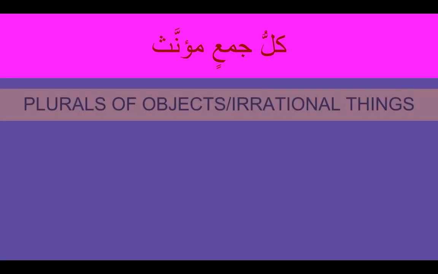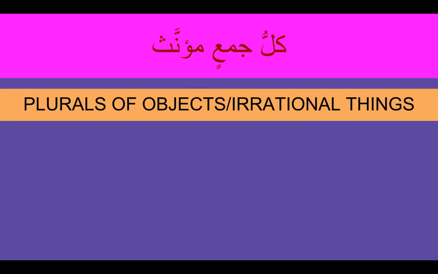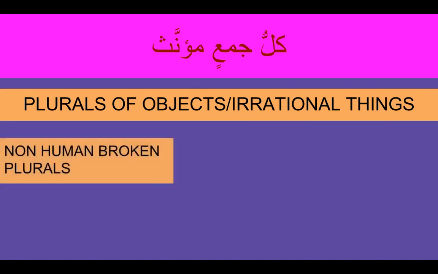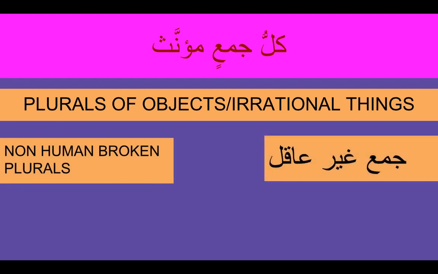So coming to plurals of objects or irrational things. These are what we call non-human broken plurals, or jam' ghayr aqil, meaning they don't have intelligence. We have different patterns of these as well.